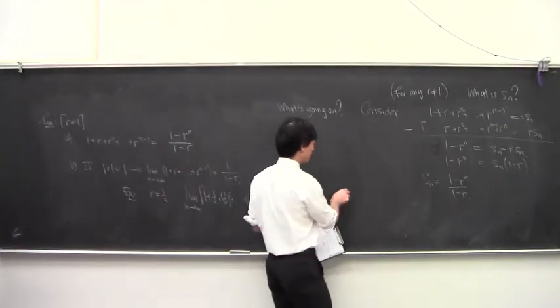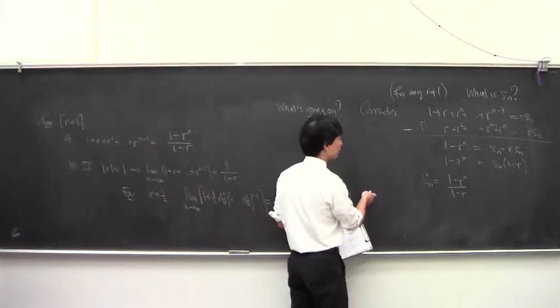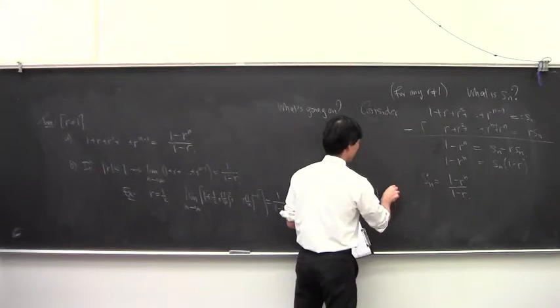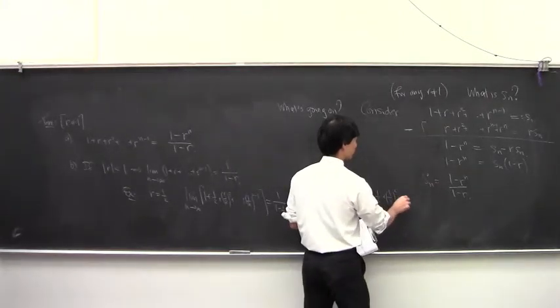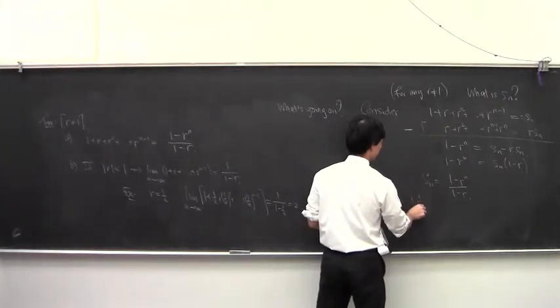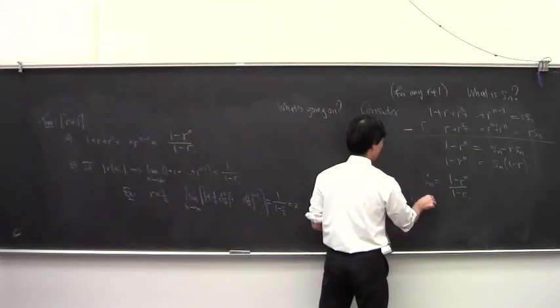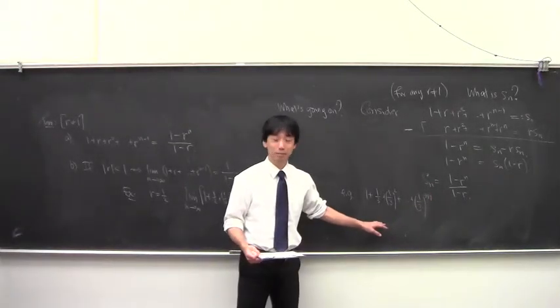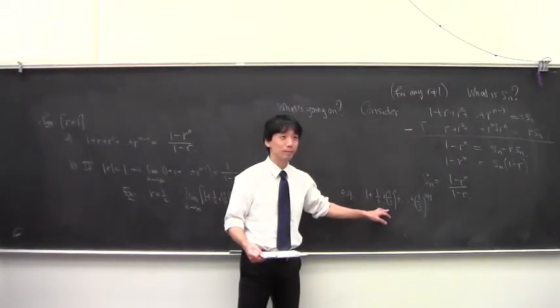So for example, if I ask you again, what's 1 plus 1/3 plus 1/3 squared plus up to 1/3 to the 999? Here's a problem for you. What is this sum?